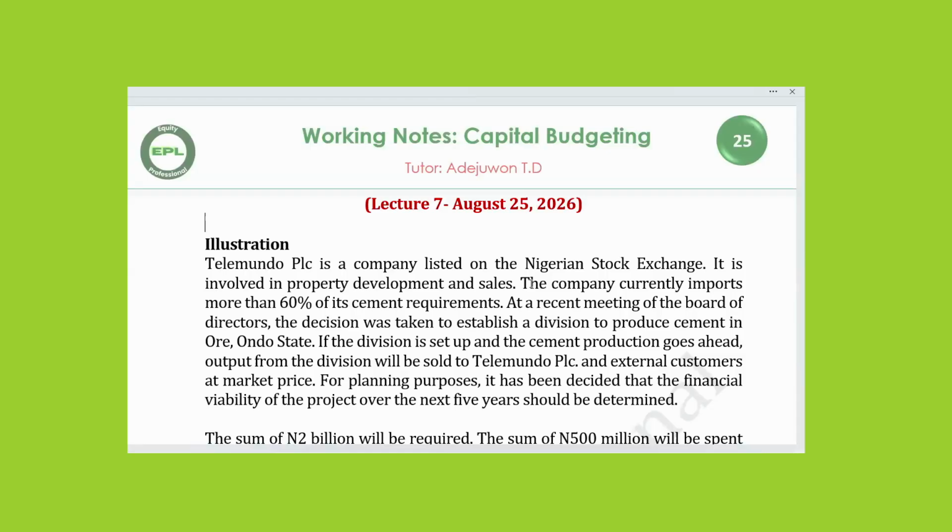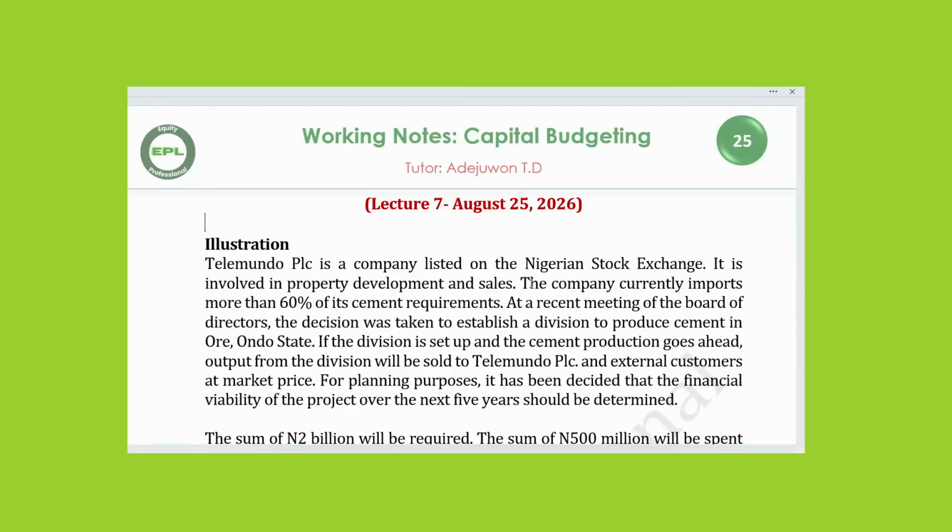Therefore, when you are given a question and the examiner is asking you to evaluate the project and advise whether it is financially viable, what the examiner is simply asking you to do is to calculate net present value.